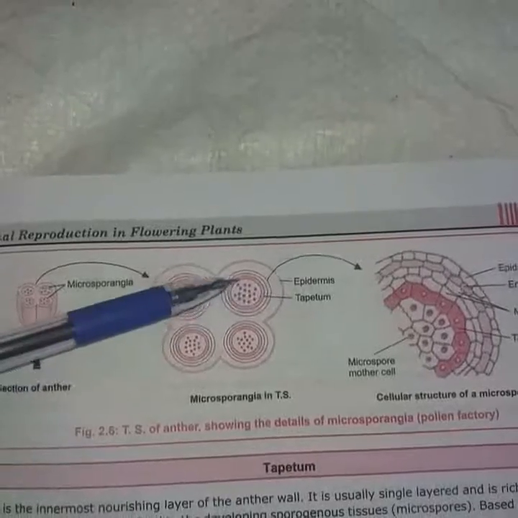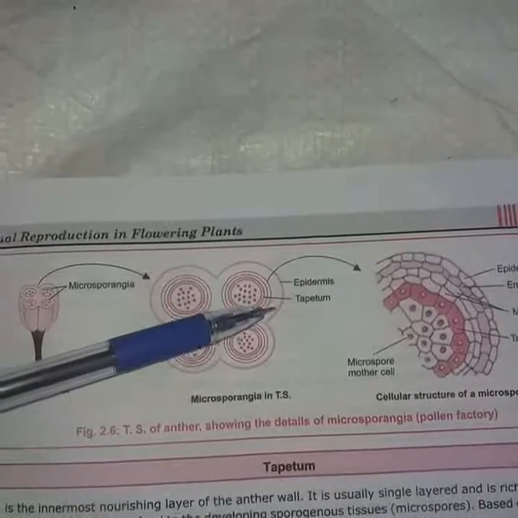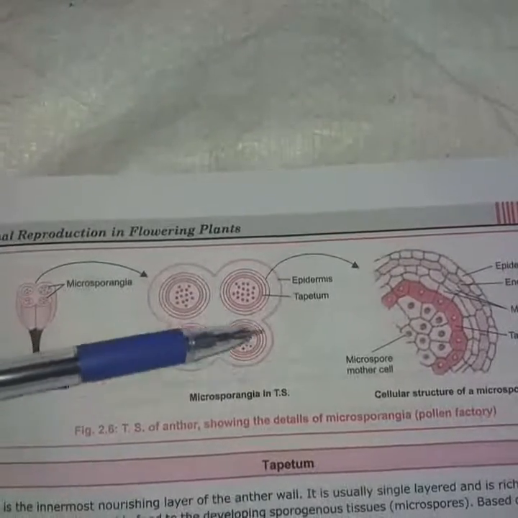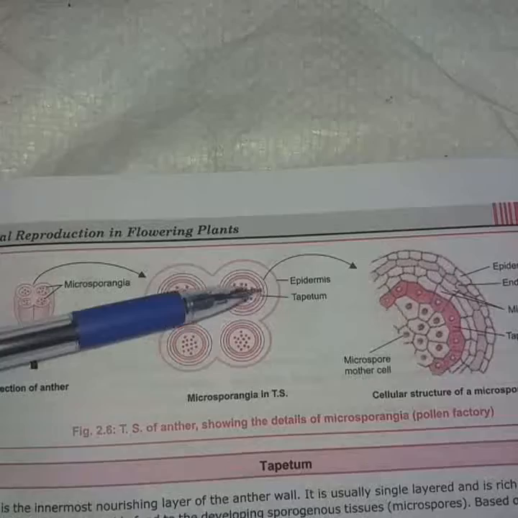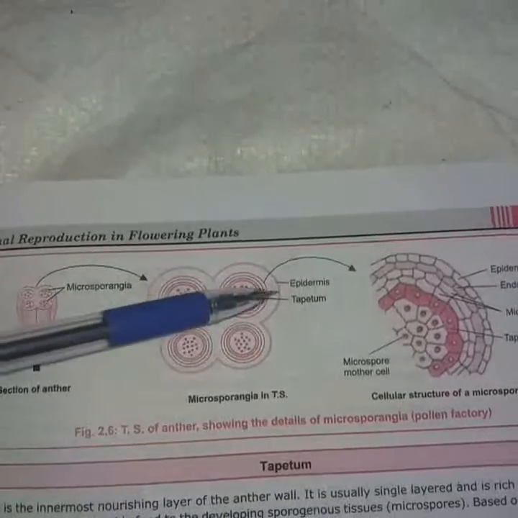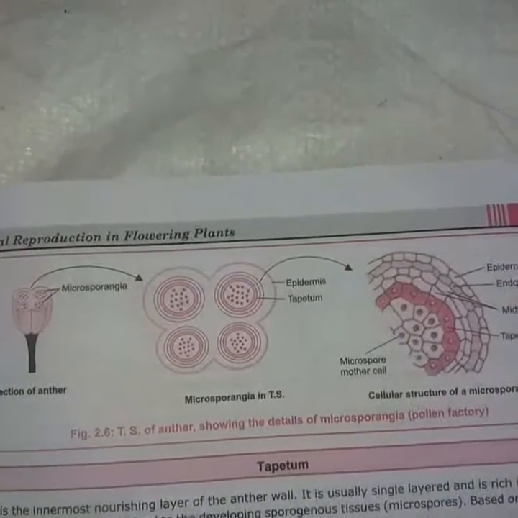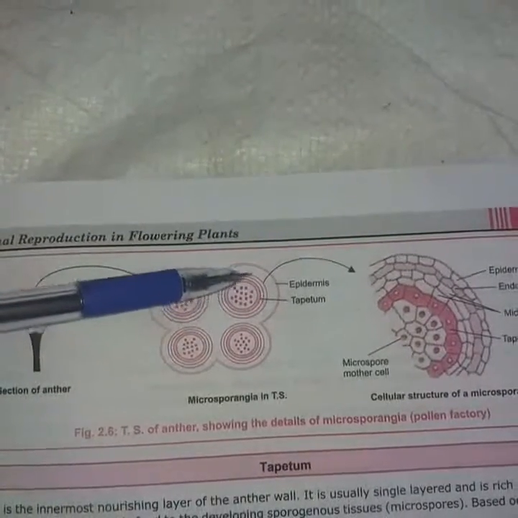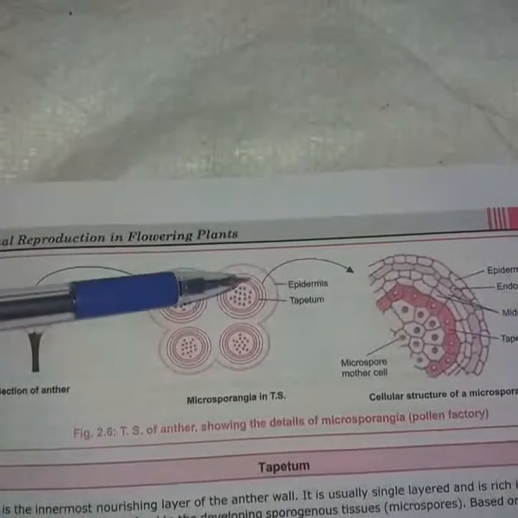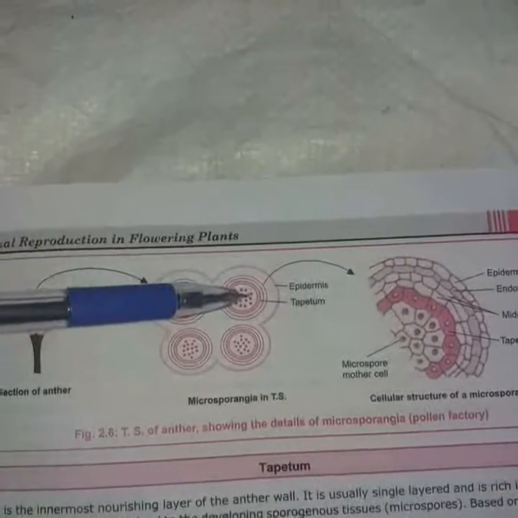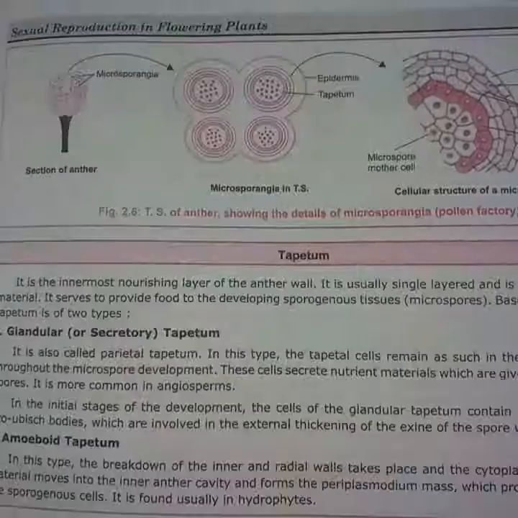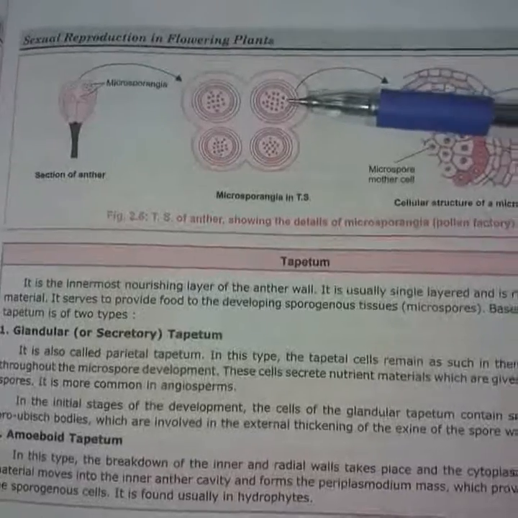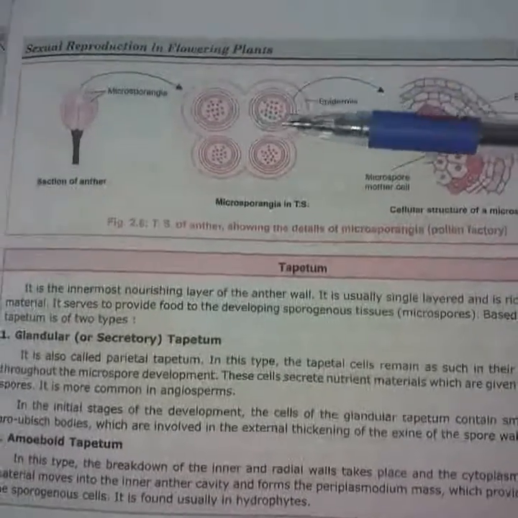The inner part is the tapetum, which is the most important part of the microsporangia, and the outer part is called the epidermis. One part develops and forms well-developed pollen grains or sperms. Tapetum is the inner layer of the anther wall.